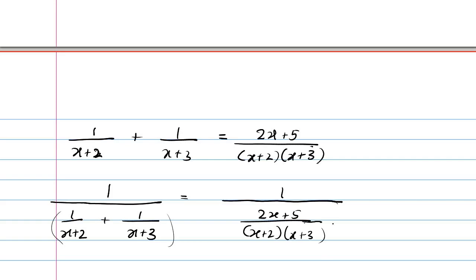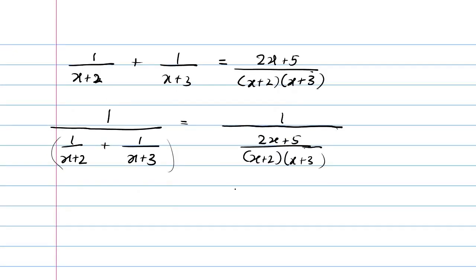So we are basically dividing 1 by this fraction here. Another way to deal with this type of fraction, what I would recommend, is let's write it in a different way. 1 divided by 2x plus 5 over x plus 2, x plus 3. So you're dividing 1 by this humongous fraction.